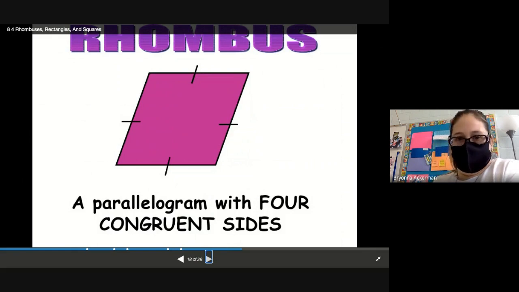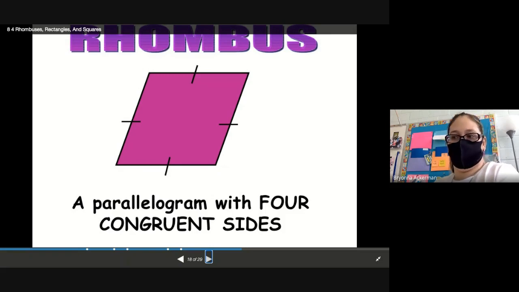Now, the difference between the rhombus and the parallelogram is in a rhombus, all 4 sides are congruent. So that's going to be number 2. All sides are congruent. You can either write all 4 sides or just know that all sides are congruent. You'll notice we do not have right angles in a rhombus, okay?